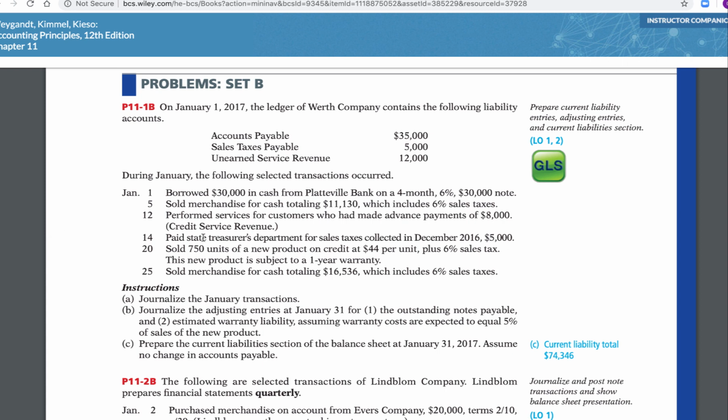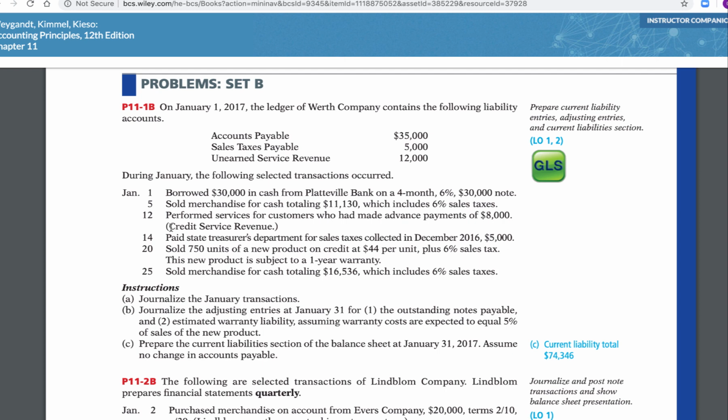Okay, so on January 12th, it says performed services for customers who had made advanced payment of $8,000. Look at that. They even give us a hint. Credit service revenue. Okay. Well, previously someone gave us $8,000. We said, okay, thank you. We will perform these services for you later.